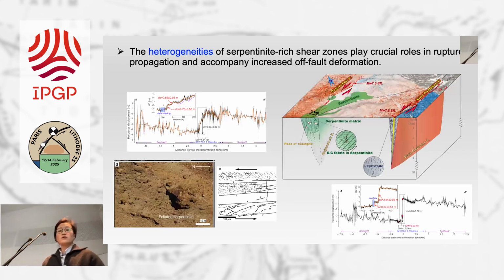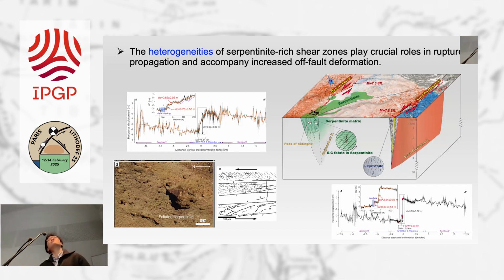So based on these macroscopic and microscopic observations of the serpentinite region in previous studies, combined with our new observation in this study, we proposed this model to interpret the different deformation patterns in the serpentinite region and the regular rocks.